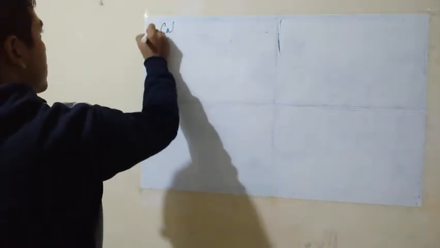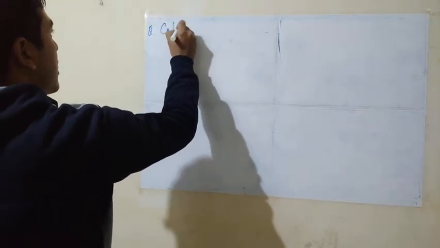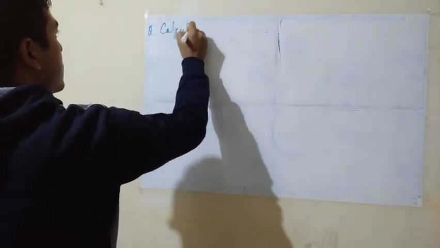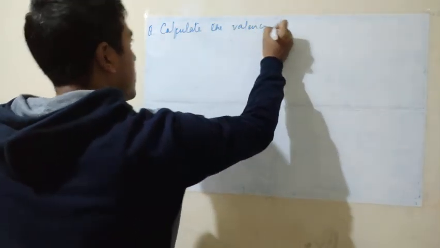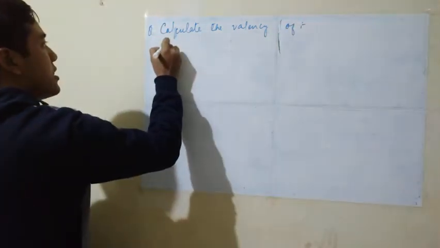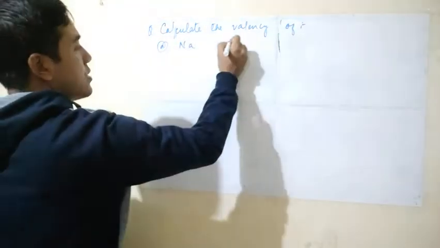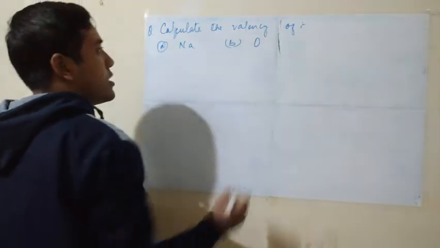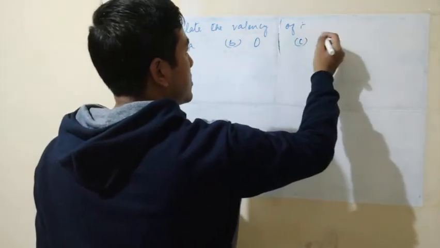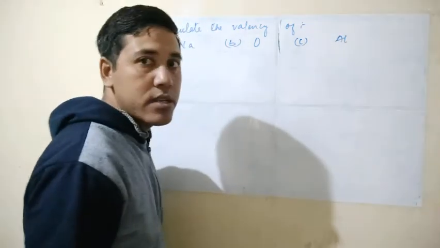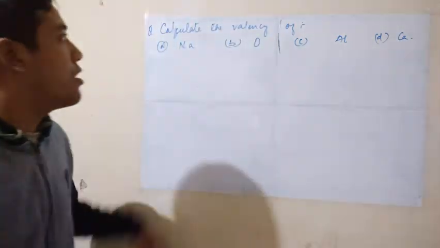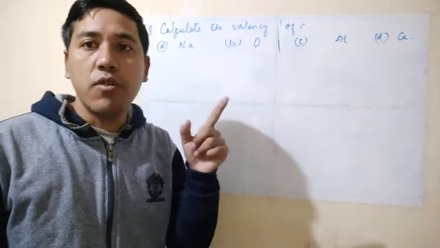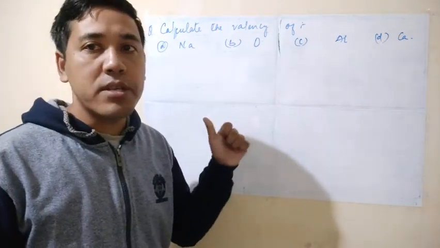Say for example, calculate the valence of: number A, sodium; number B, oxygen; number C, aluminium; number D, calcium. How can you calculate the valence of these elements? But don't forget to learn the atomic number by heart, right?